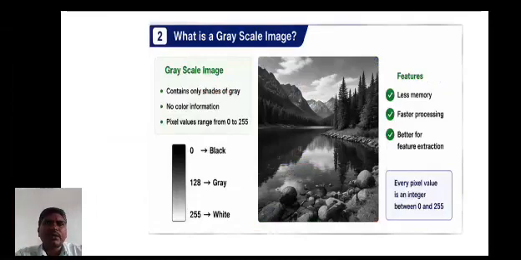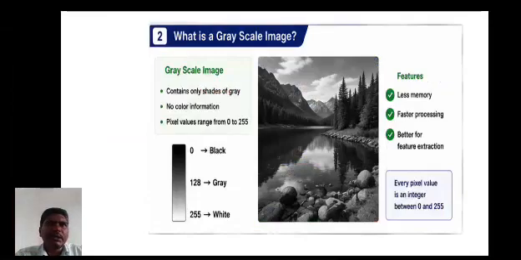It contains only gray shades. Each pixel has an intensity value ranging from 0 to 255. As shown in the image, 0 represents black, 255 represents white, and all the values in between represent the different shades of gray.